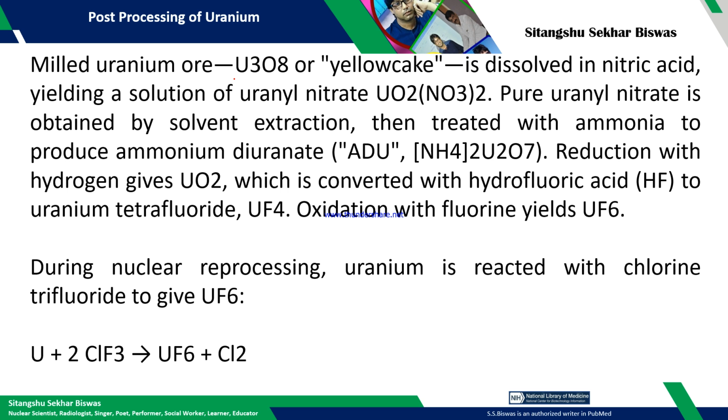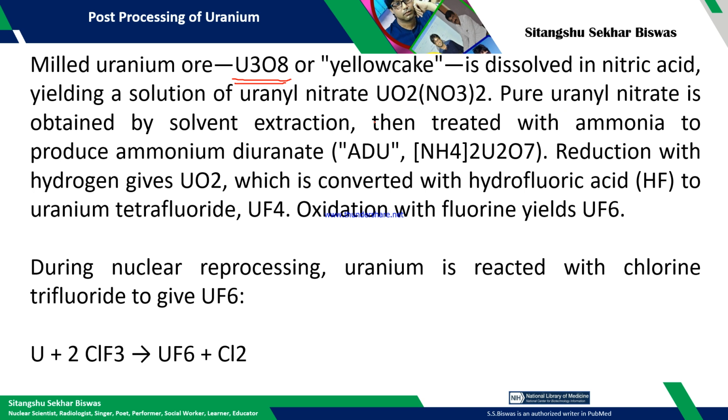So basically the yellow cake is nothing but U3O8. Okay, after taking this yellow cake, it is dissolved in nitric acid, which converts this uranium oxide to uranyl nitrate, that is UO2(NO3)2.